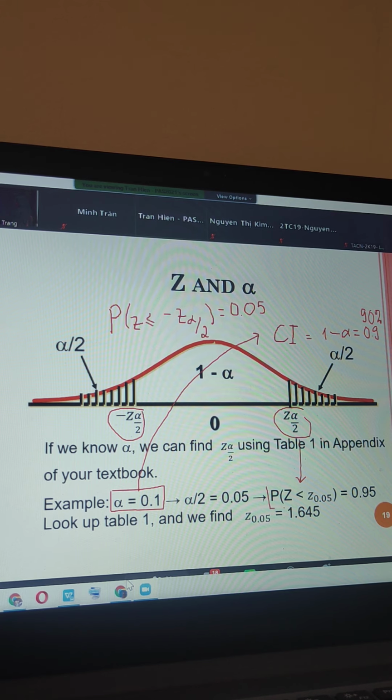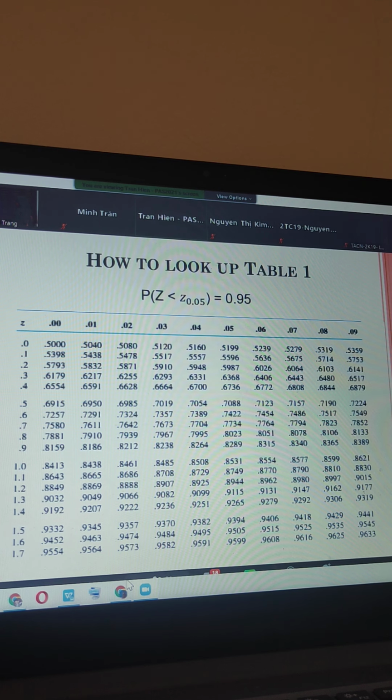Okay, so right now we would like to find the value of z when the probability is equal to 0.95. So look at the table. The name of this table is standard normal distribution, right?